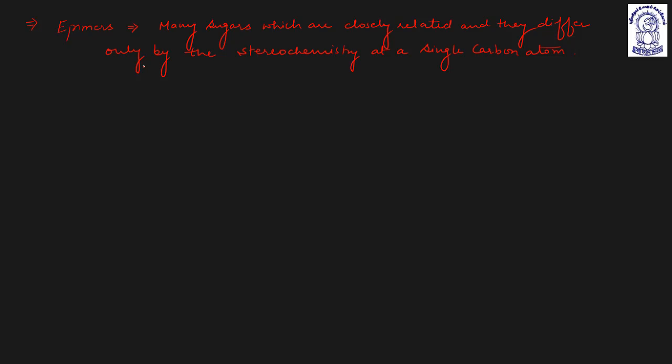For example, glucose and mannose, they differ only at one position, the second stereo carbon, which is the first asymmetric carbon atom.